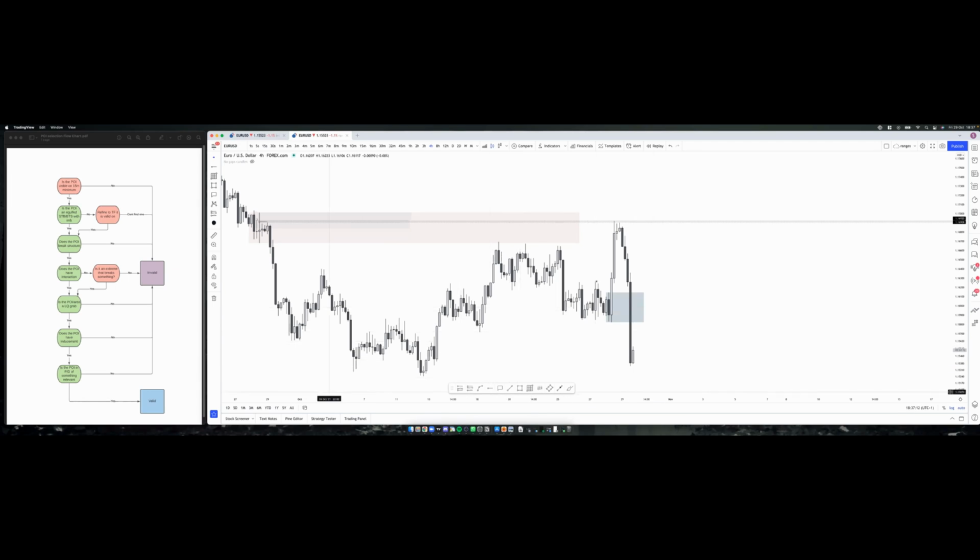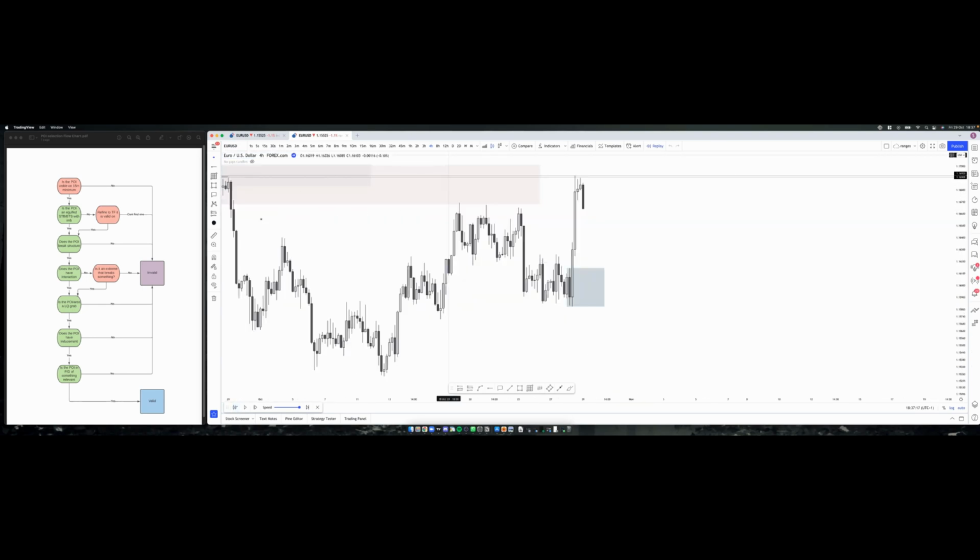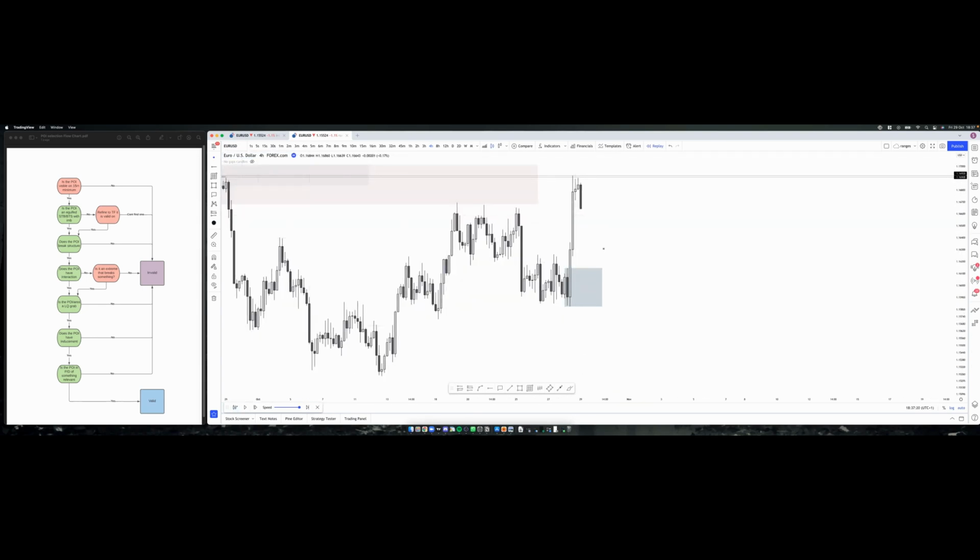So one thing we could have had is something like a complex pullback to this, right? If we get a really slow retracement to this, then yeah, cool, fine. Then we can get equal lows generated in here, a run into the extreme, a break of structure, and a continuation. So it's not a necessity after the POI has been created, depending on the price action afterwards.